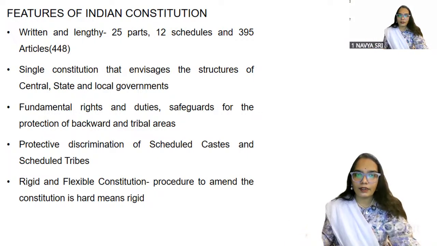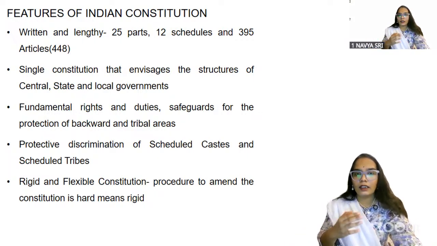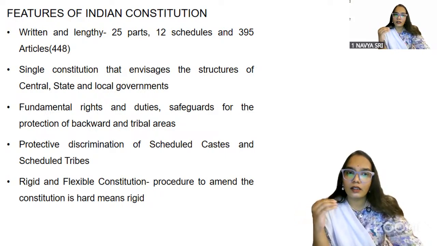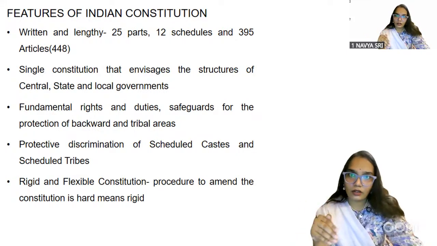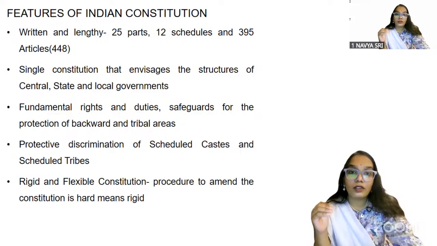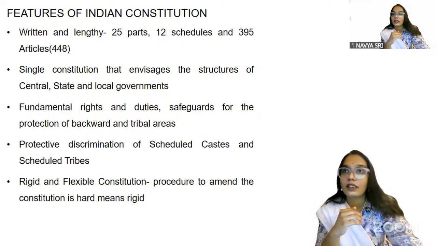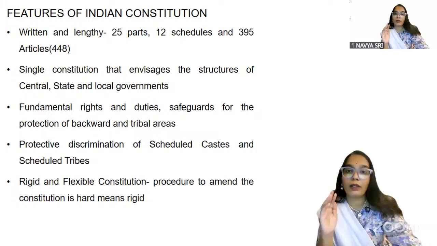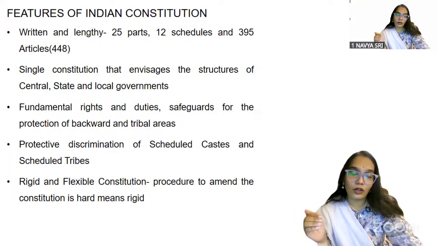Now, the UK constitution, the English constitution, is not written, whereas the American Constitution is a written constitution. Coming to rigid and flexible, the American Constitution is very rigid. It has to go through a gigantic amount of procedures in order to bring even normal amendments to the Constitution.